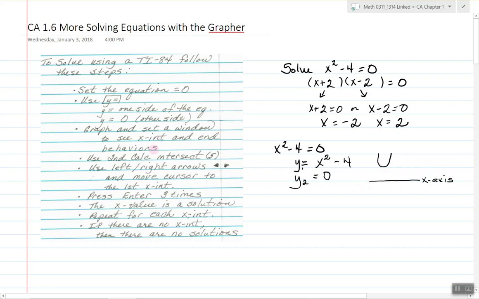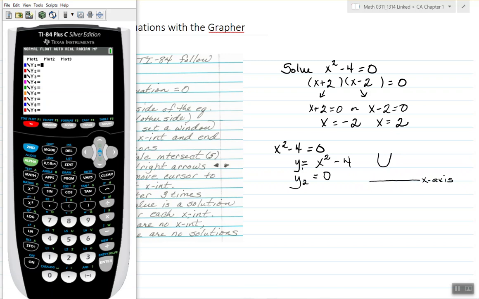So let's go ahead and type those in. So back to the grapher. In the first one, I will type variable x, which is right here. The key has turned red. Squared, it is over here on the left, and it has turned red. Minus and 4. You can see that as I press keys, those have turned red.